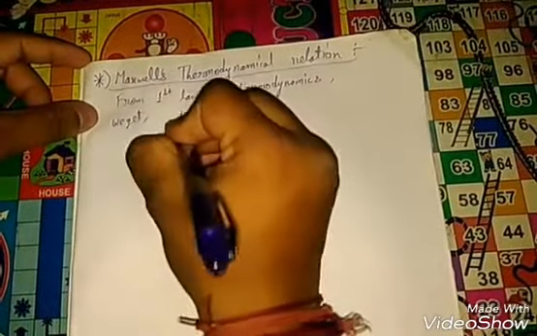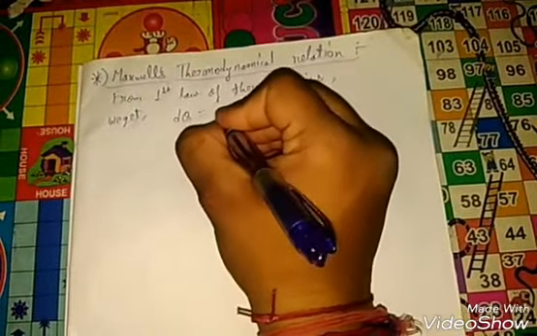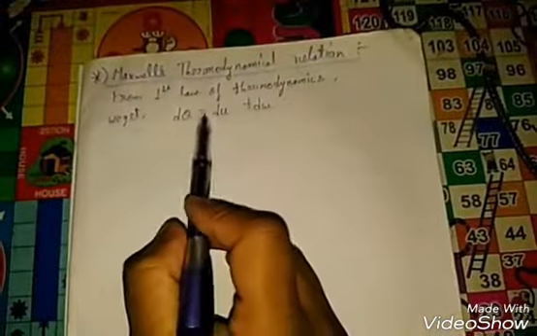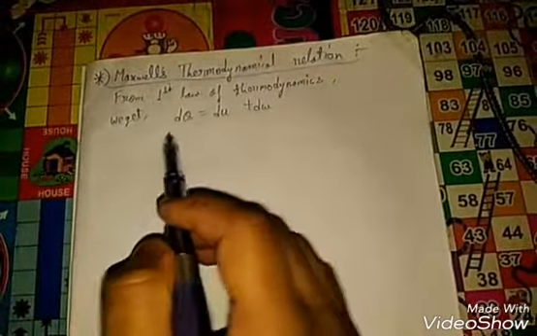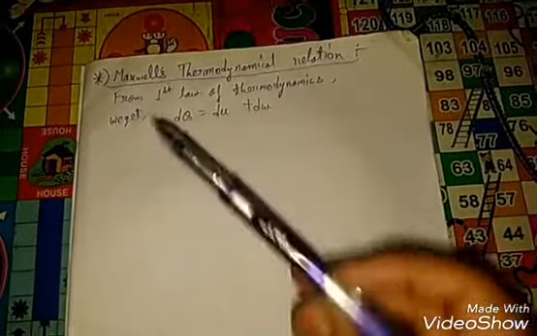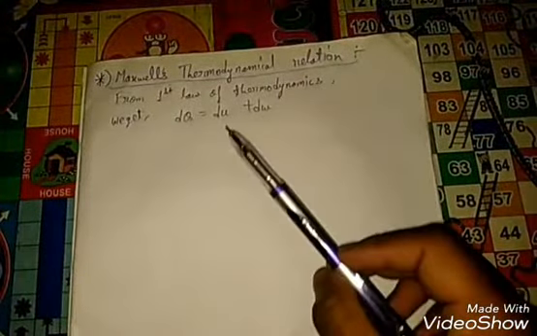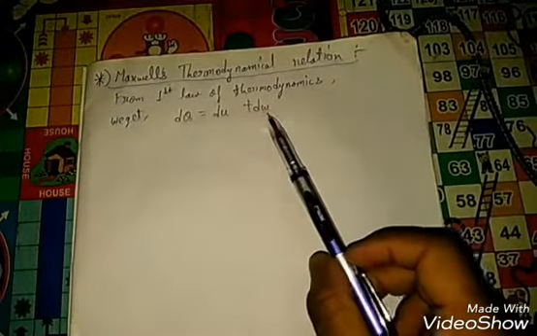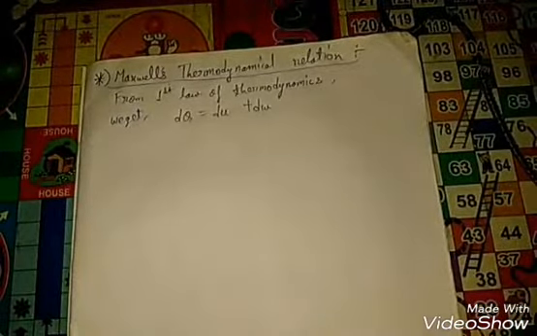We get dq equal to du plus dw. Now here q is represented as the heat, u is the internal energy of the body, and w is the work done.